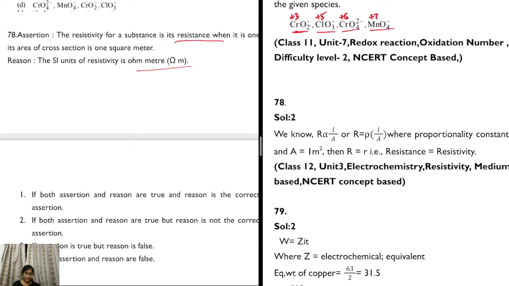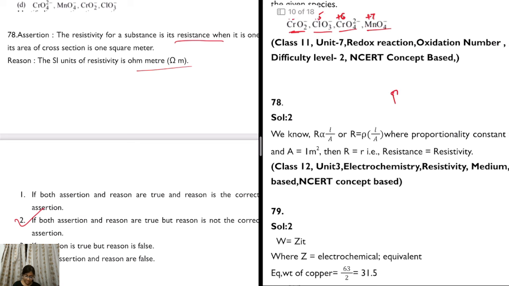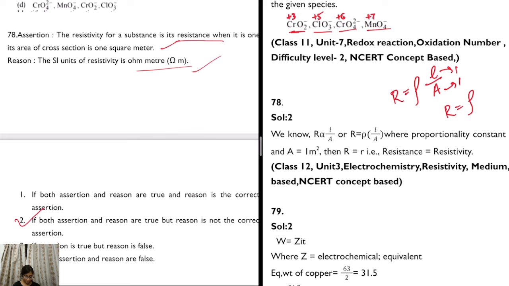Reason is not explaining it. Now, see. What is R? Resistance equals resistivity times L by A. If this is 1 and this is 1, resistance will equal resistivity obviously. So that is why assertion is true and reason is also true.